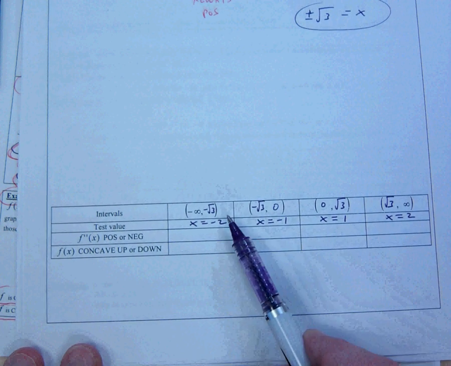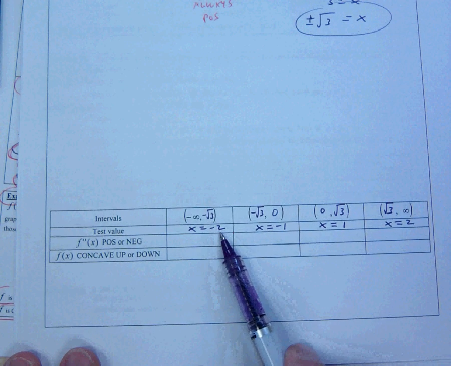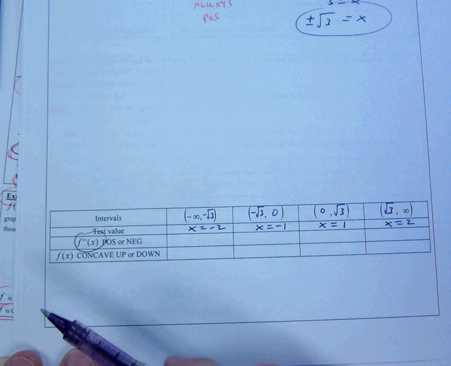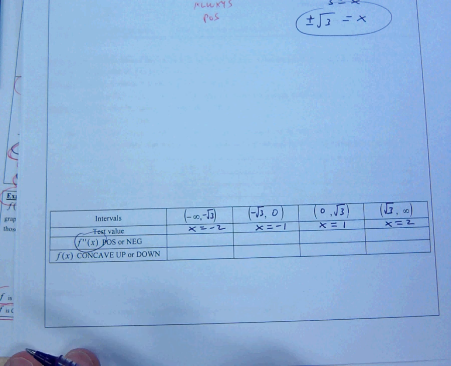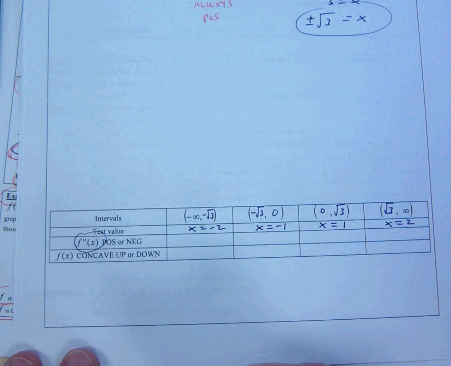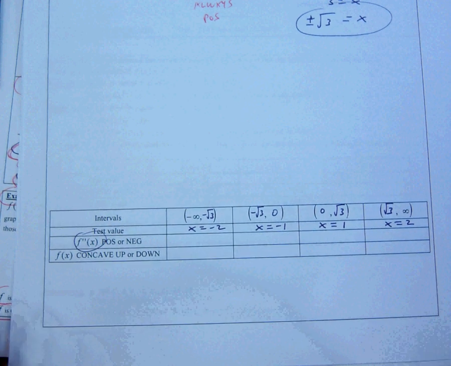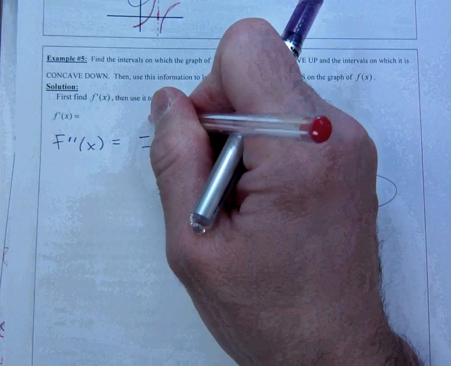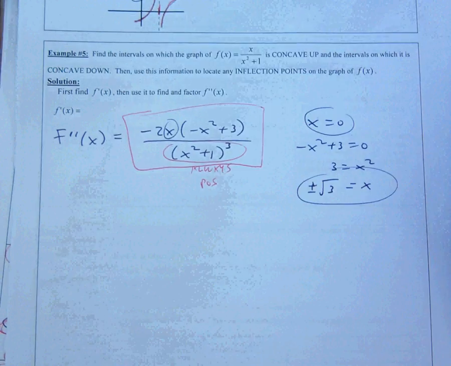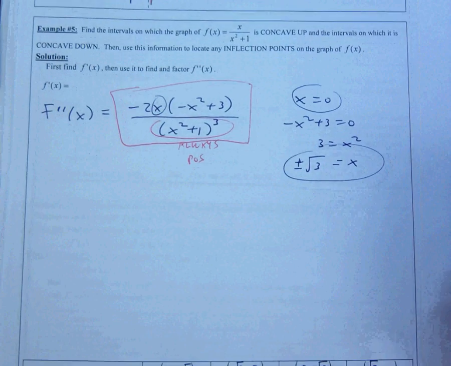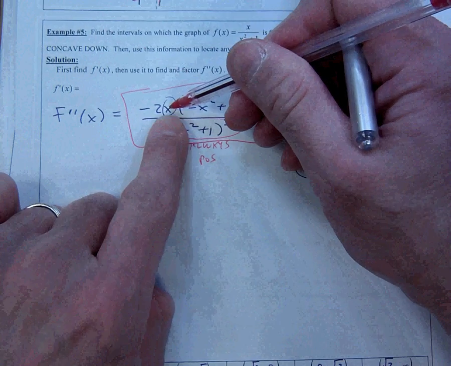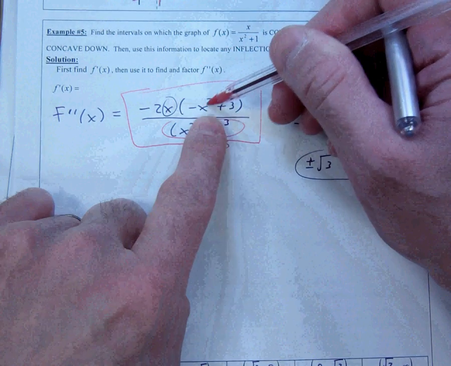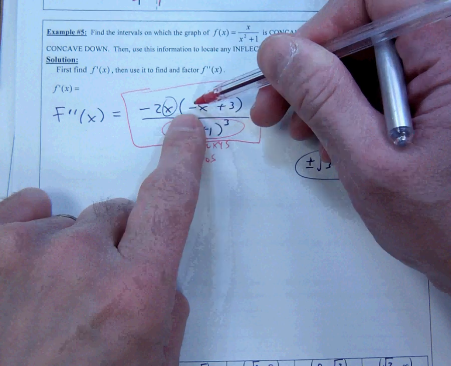So where am I going to plug -2 into now? F double prime. That's why you got to label your tables on the homework tonight, as well as on the test next week. All I'm going to do is stick -2 into F double prime, and all I want to know is whether this whole thing is positive or negative. If I stick a -2 there, I get a negative times a negative, which is a positive. -2 squared is 4, -4 plus 3 is negative.